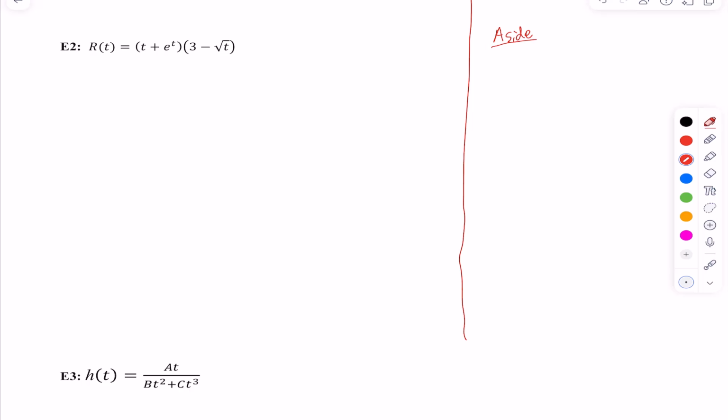Off to the right, I'm going to write f of t plus e to the t, and then g of t is the other function. Now when we take the derivative here, I'll highlight the product rule with the derivatives highlighted in a different color.